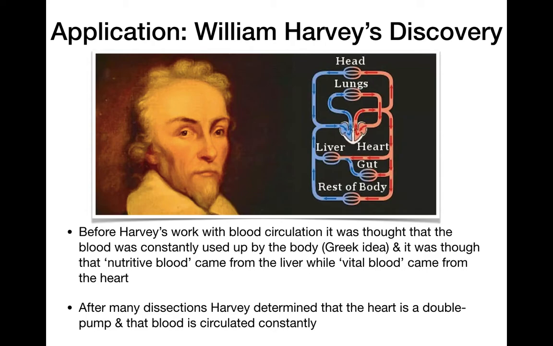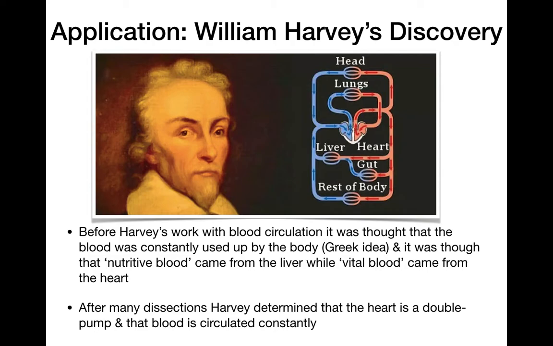That was an ancient Greek idea. Obviously, it was very incorrect, but they just saw that people would lose blood when they're bleeding, and they'd get more. They wouldn't die. If they didn't lose too much blood, they would get more blood back. So I think that's where the idea of it being used up came from. What Harvey did was many, many dissections of a variety of different organisms, and what he found is the heart is a double pump, and the blood is circulated constantly.